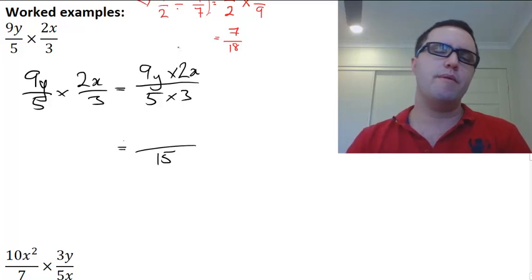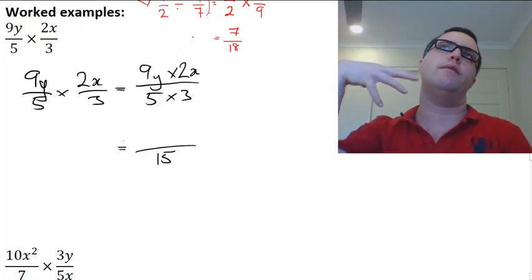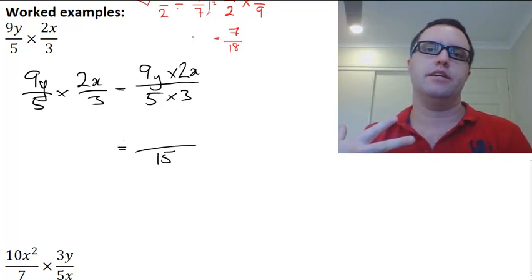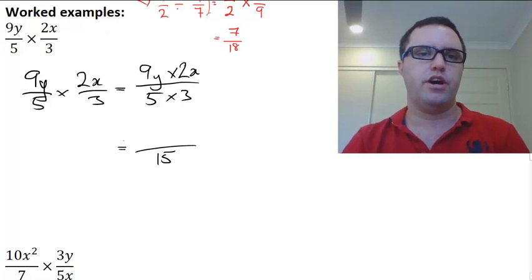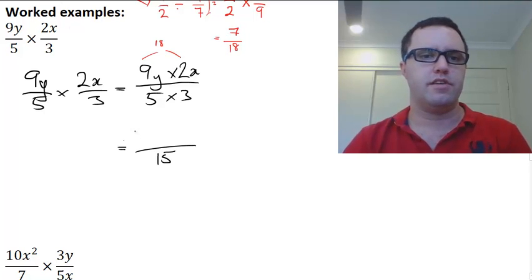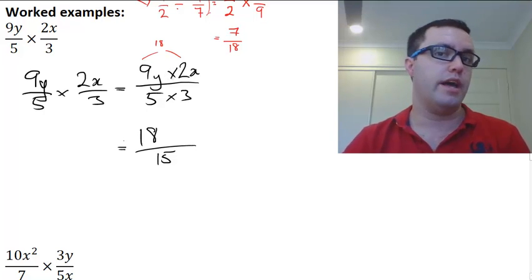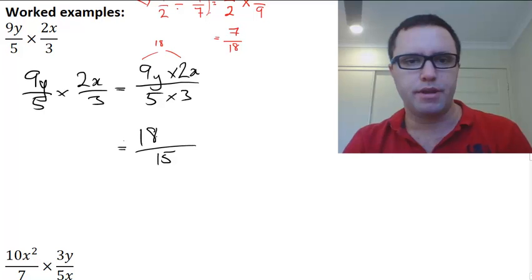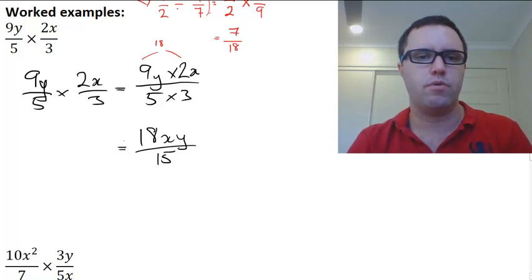But remember from a couple of videos ago when we were talking about multiplying algebraic expressions, we have a 9y times a 2x, remembering that we multiply our coefficients together. So 9 times 2 becomes 18, and we multiply our letters, y times x. You could just do yx, but remember we try and write in alphabetical order, so we'll have 18xy.